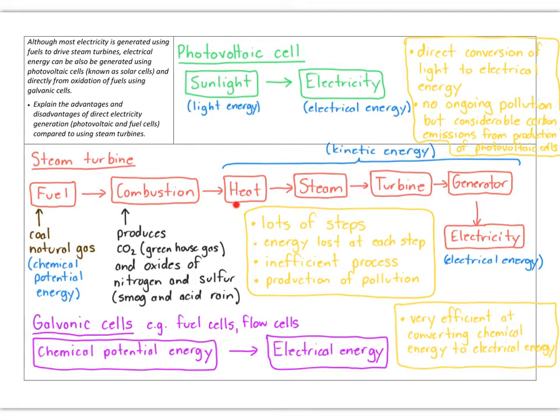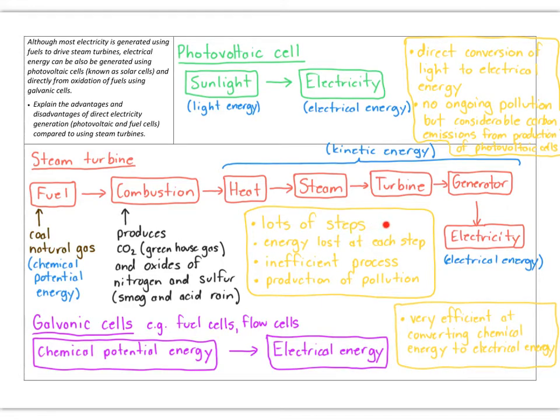That combustion produces heat. That heat is used to heat up water to make steam. That steam then makes a turbine spin around. That turbine then makes a generator spin around, which then converts that into electrical energy. So you can see there's lots and lots of steps in this process.